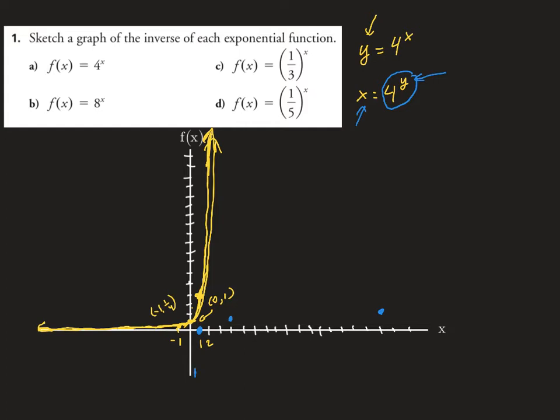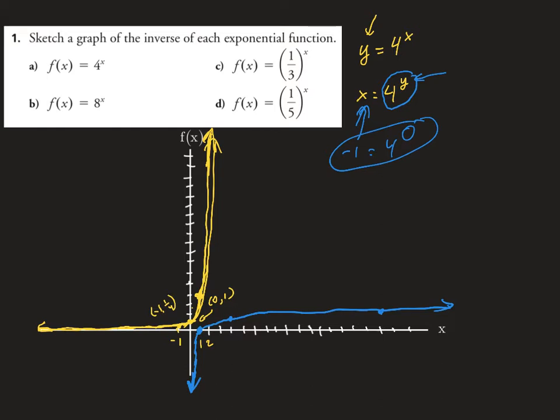So for example, if I put x as negative 1, there's nothing that y can equal for that to be true. There's just nothing in that domain there. So x can never be negative 1. It can't even be 0, actually. It's going to have an asymptote. This is going to have a vertical asymptote here.